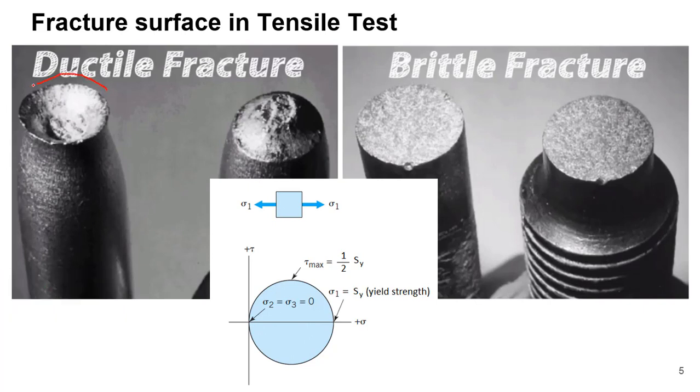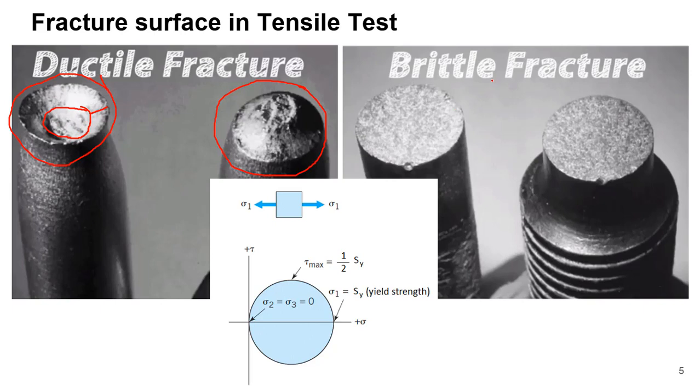Here you can see this is the cup part and this is the cone part. Initially there is around a 45-degree angle, and after that there is a region where a fibrous kind of fracture takes place.